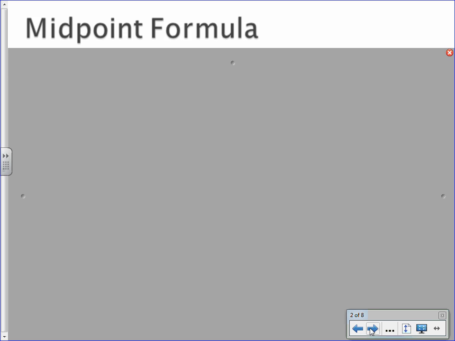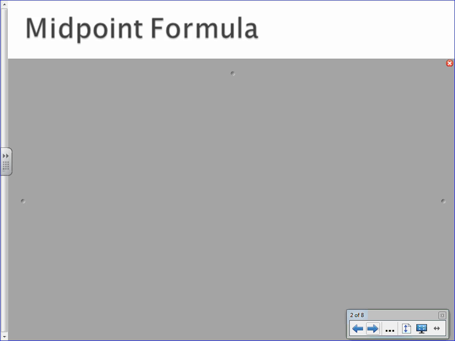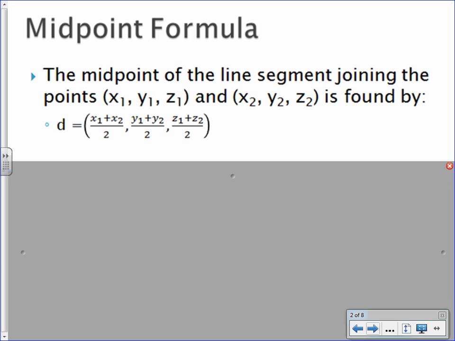So in 3 dimensions, we're going to have to do that with all of them. Okay, we're just going to also find the average of the z's. To find the middle, we want to find the average.